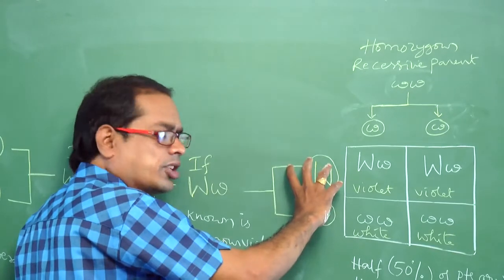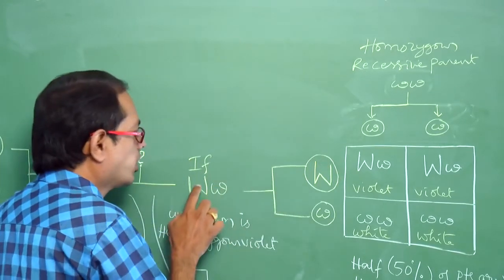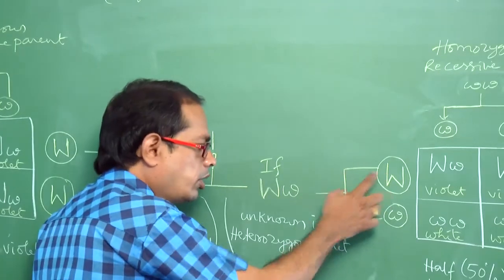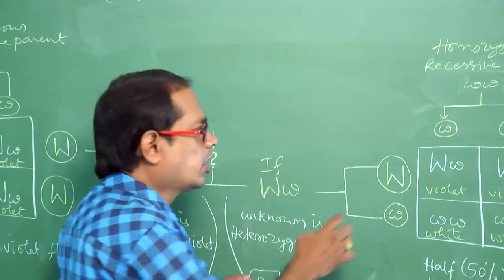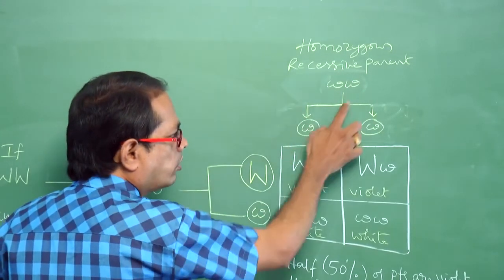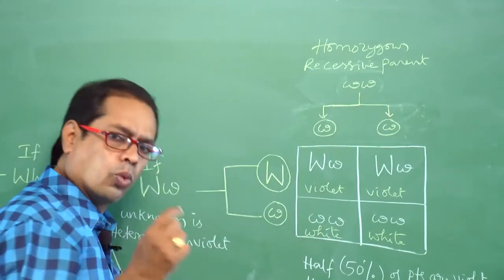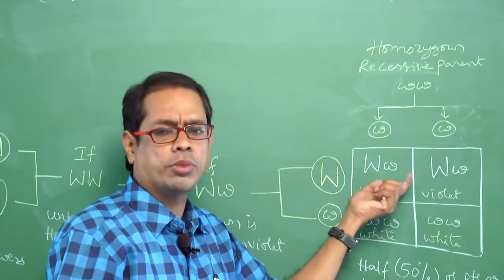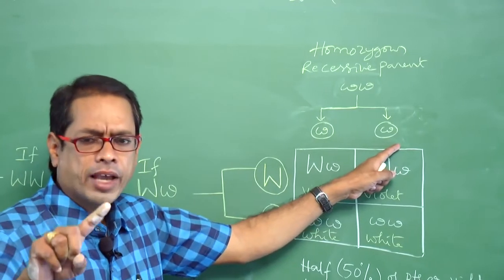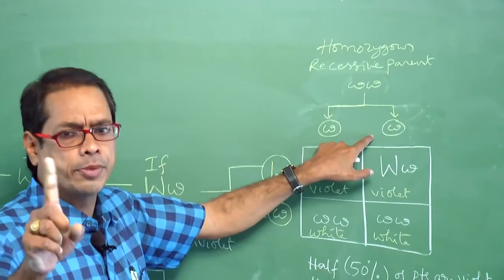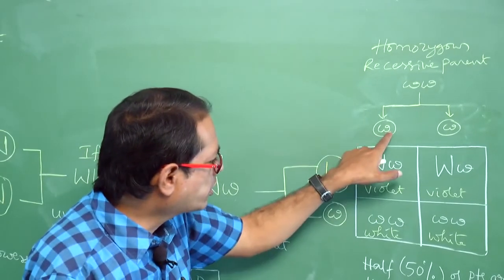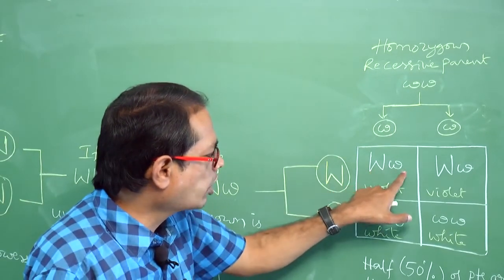Let us suppose this is the F1. F1 means capital W, small w. Types of gametes: capital W, small w. And the homozygous recessive parent gametes: small w, small w. One type, we may write how many gametes also. Here we have written two gametes, but type of gametes means from here one type, small w, right? So capital W crossed with small w gives capital W, small w.